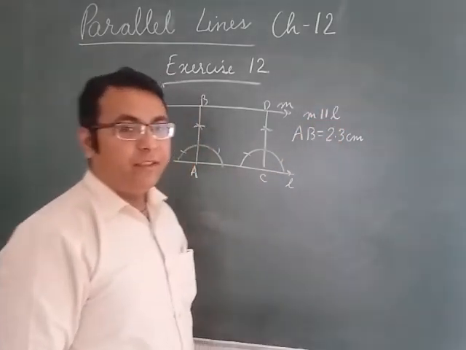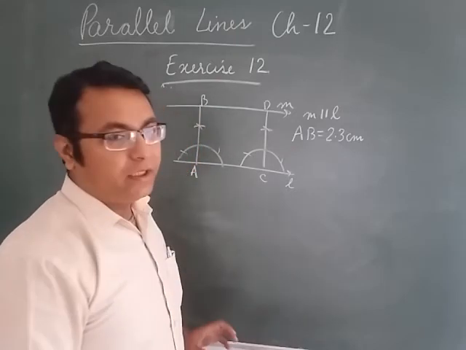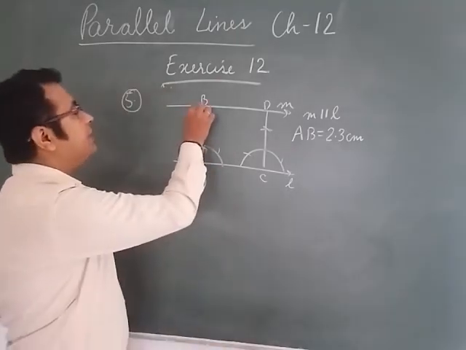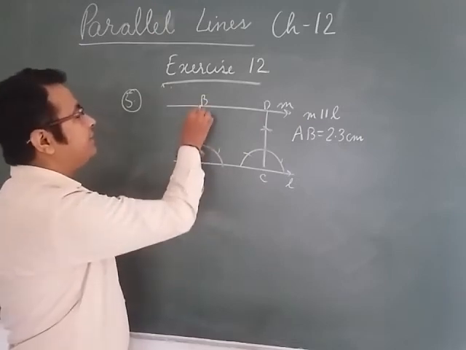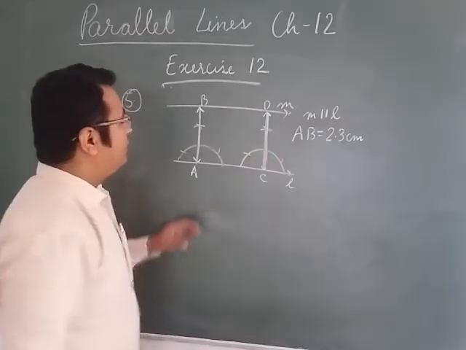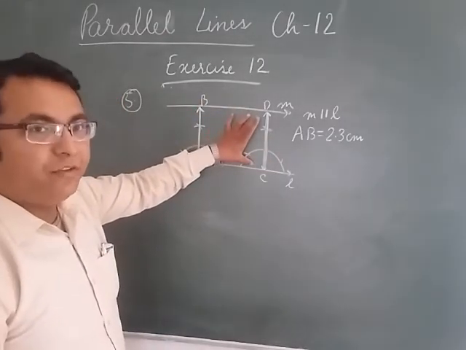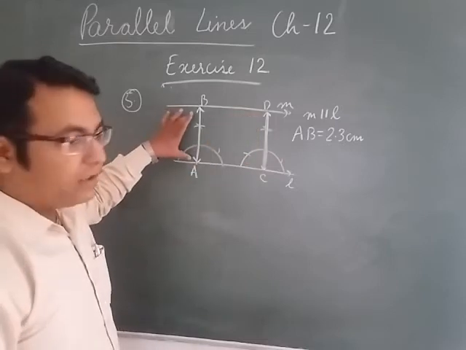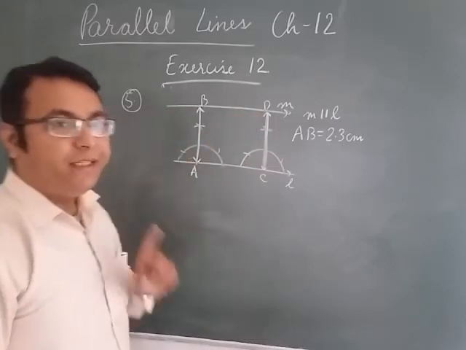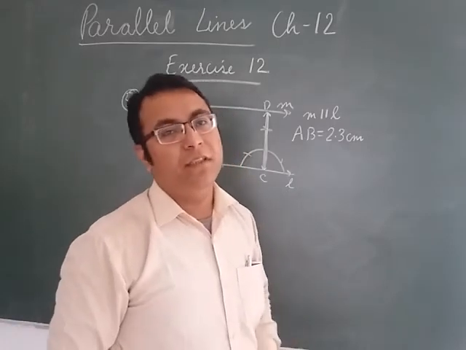So children, as we studied in the definition of parallel lines, we very well know that distance between parallel lines remains same, constant. So whatever is the distance of AB, the same will be the distance of CD also. This is the perpendicular distance between two lines, and perpendicular distance is the shortest distance between two lines.